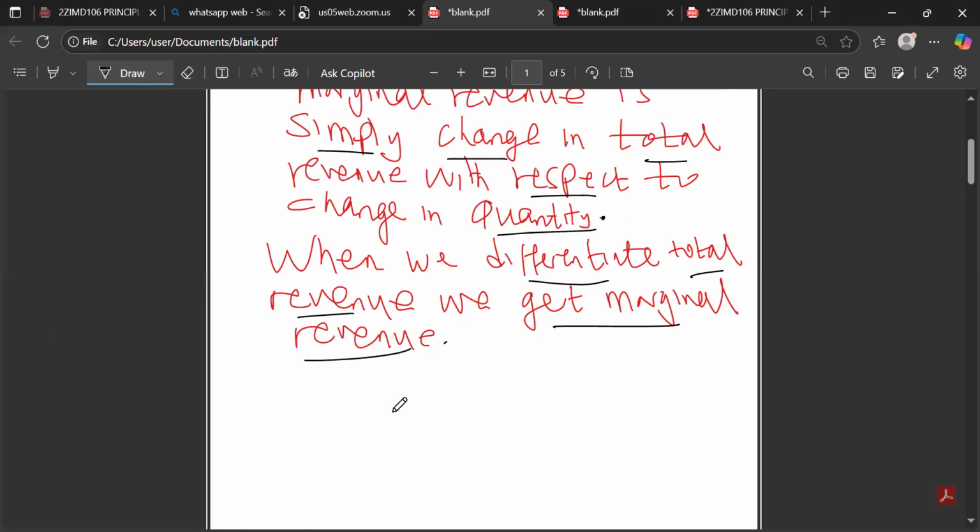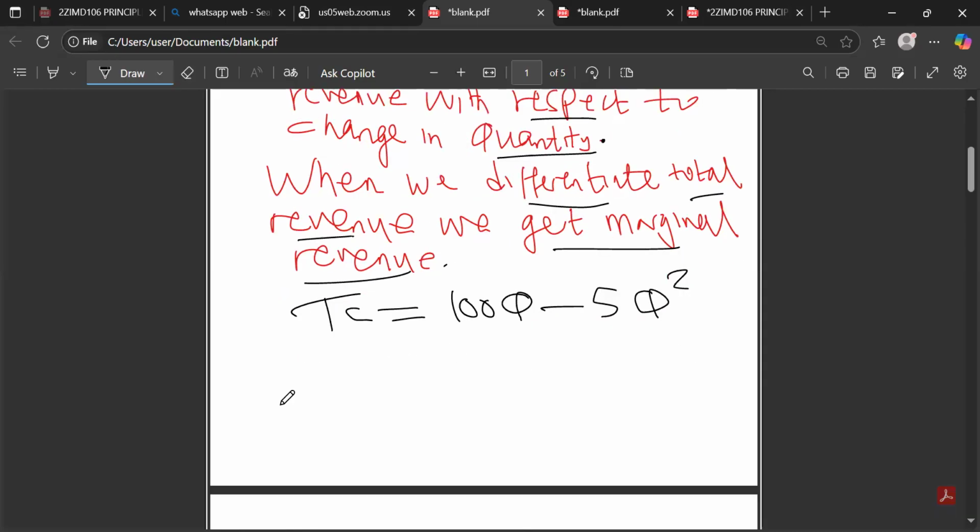So what is our marginal revenue? Marginal revenue is equal to change in total revenue over change in quantity. So let's differentiate. You remember how you differentiated yesterday?